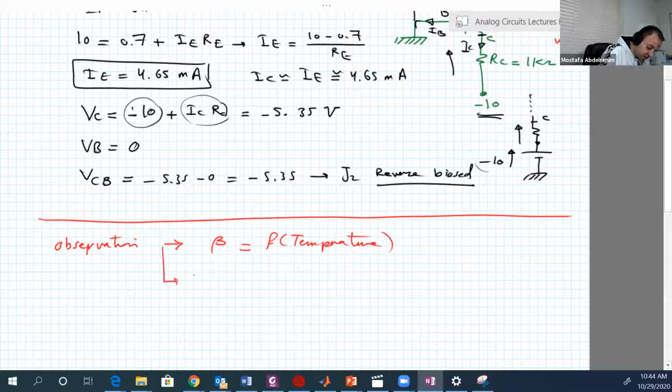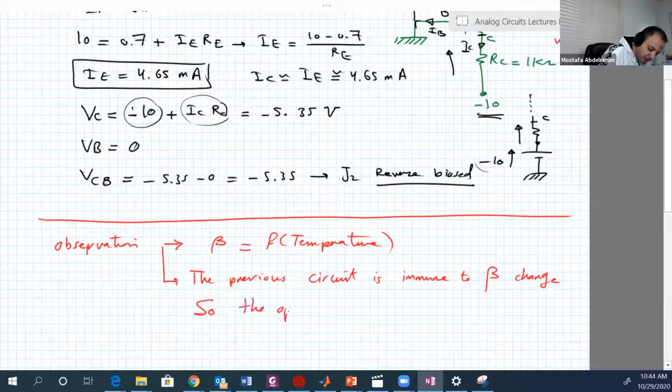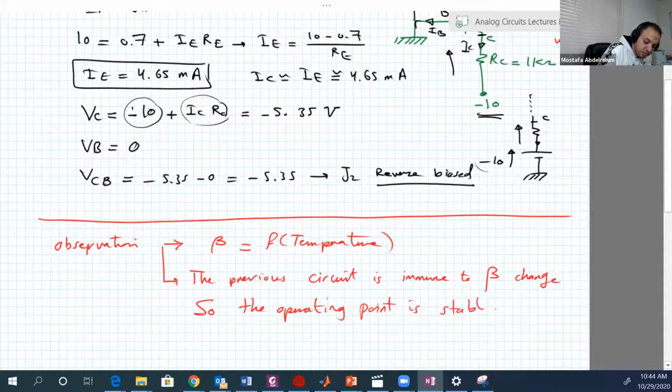So the previous circuit is immune to beta changes. So the operating point is stable, especially against temperature, which is a common problem in all electronic circuits.